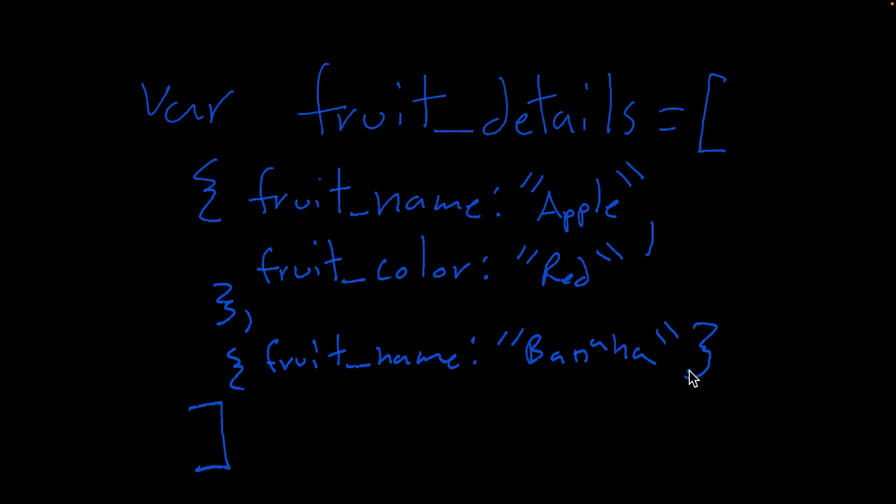So how do we access now this array's first object's fruit name? How do we do something like this? Anyone have any ideas?